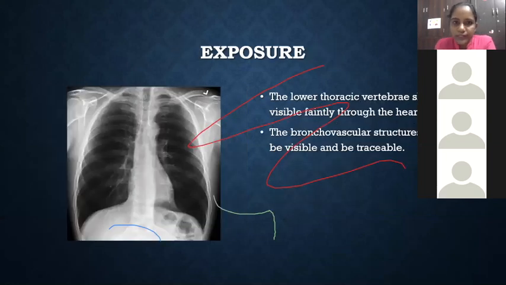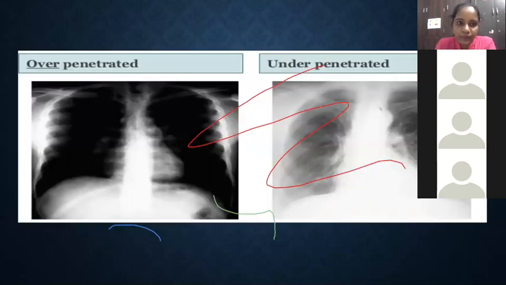So next is the exposure. The X-ray film should be adequately exposed so that we can see the lower 3 vertebra faintly across the heart shadow. If we have an overexposed or an underexposed film, in an overexposed film, we may be missing the bronchovascular markings, and in an underpenetrated film, the heart shadow might look very white, and a quiet consolidation may be missed.